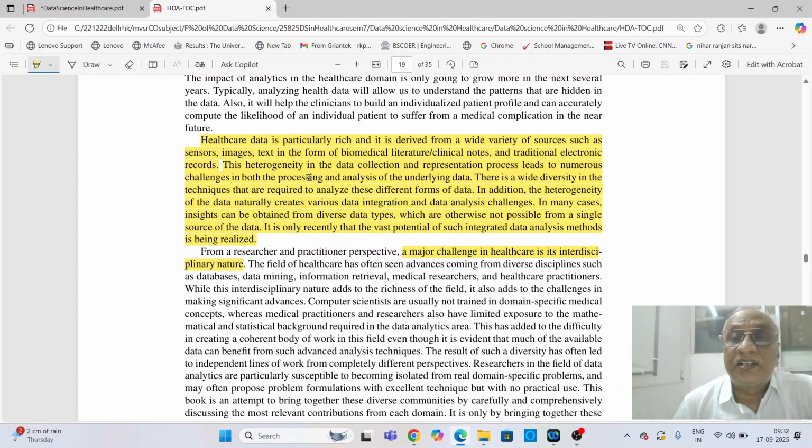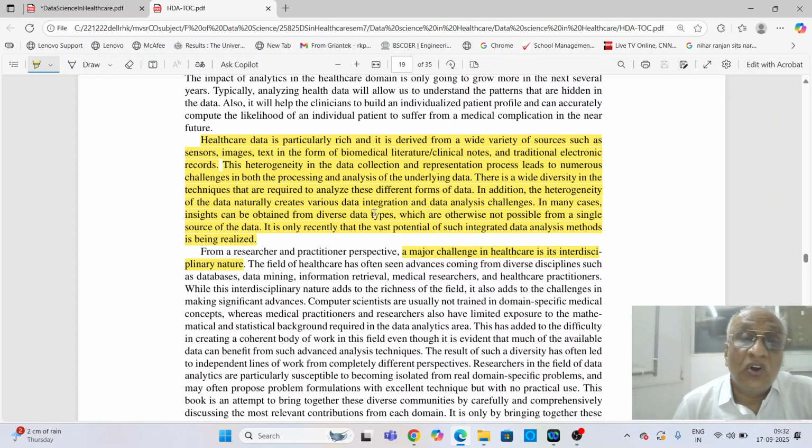Healthcare data is heterogeneous. Healthcare data is derived from sensors, images, biomedical literature, clinical notes, and traditional electronic records. So this heterogeneity is a challenge for processing and analysis of this data. You also have various techniques for handling such heterogeneity.